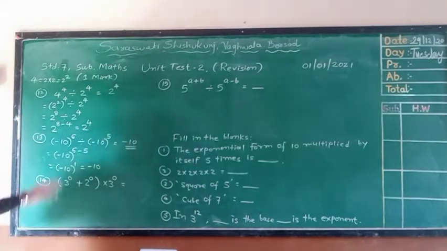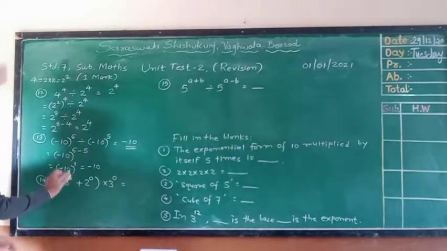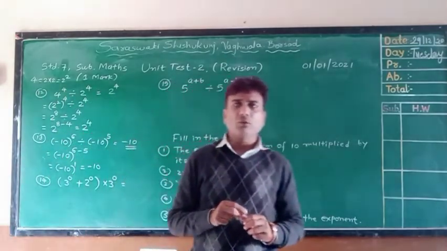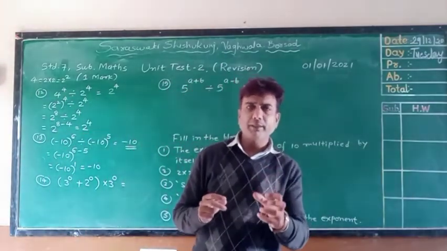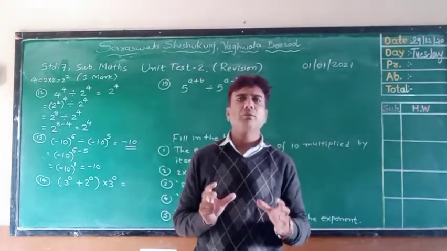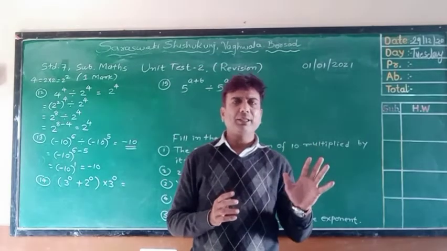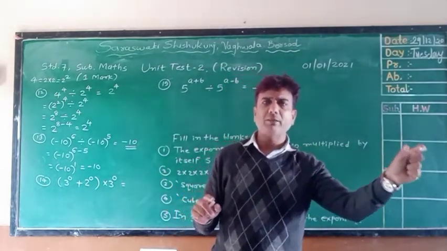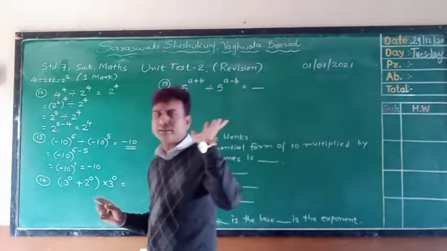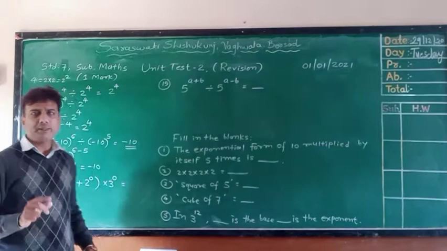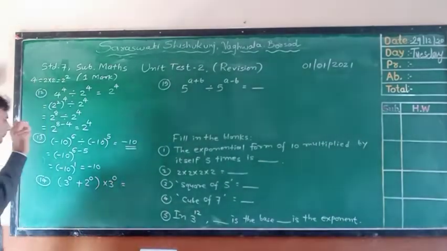Yes. Now 14. This is an important one. In any base, if the power is 0, whenever we observe any base given and its power 0 given, we don't have to do any more calculation. You only have to write 1. Simple answer. Any base with power 0, the answer will always be 1.